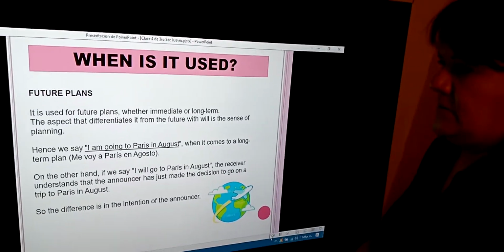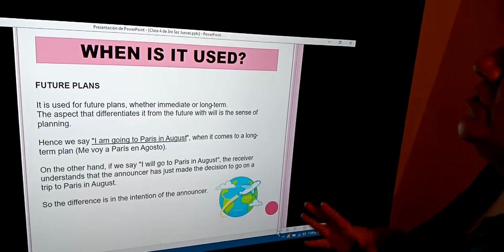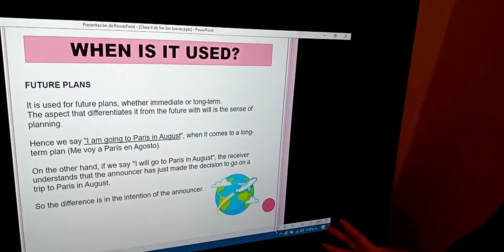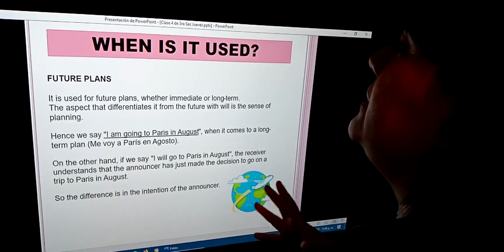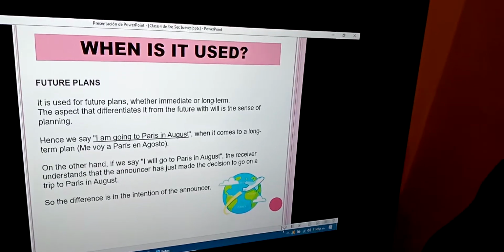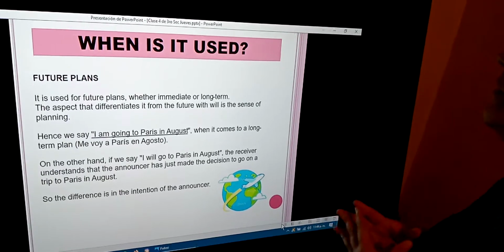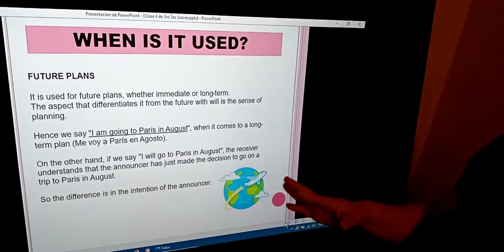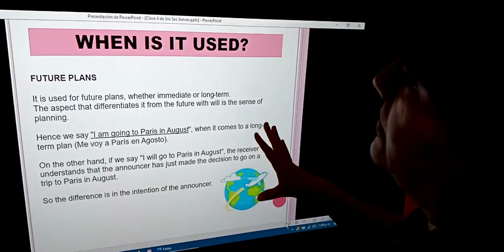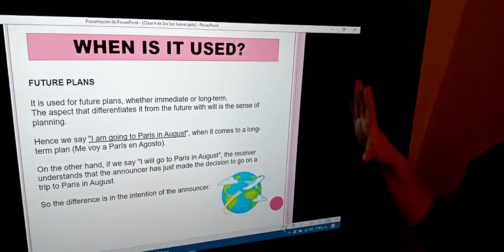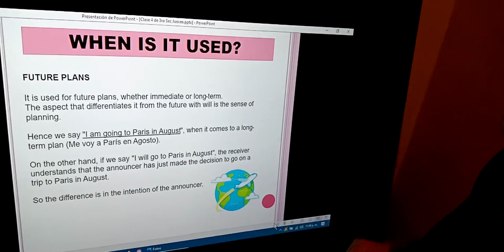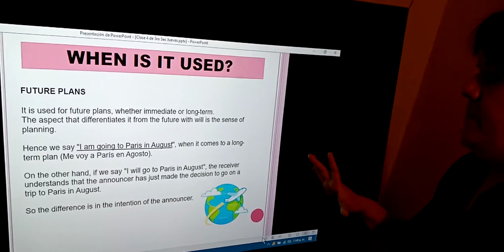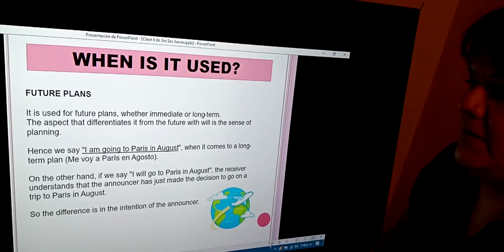Future plans. It is used for future plans, whether immediate or long term. The difference from the future with will is the sense of planning.